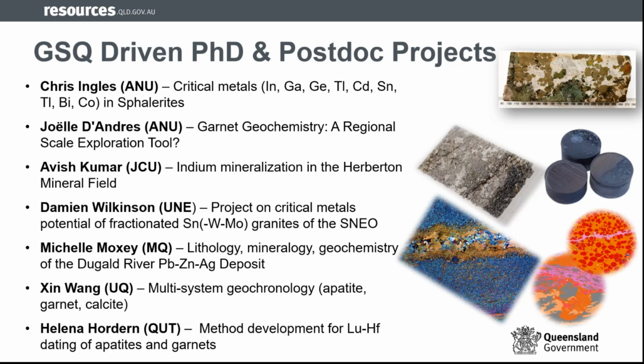So all this very detailed mapping we've been doing over several years now gives enough samples and detailed information so we can provide it to our collaborators, particularly those doing their postdoc or PhD research. And I just listed some of the current and previous PhD work which was done and driven by the GSQ project and done on our samples.